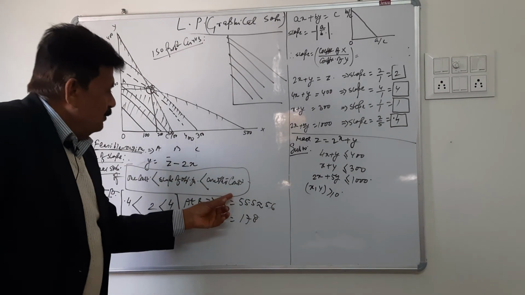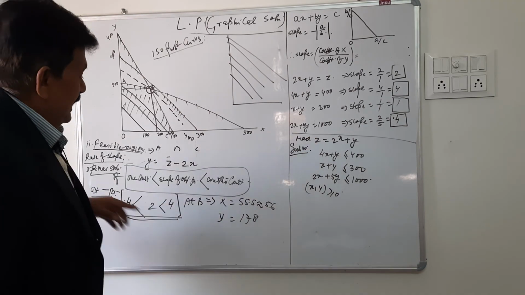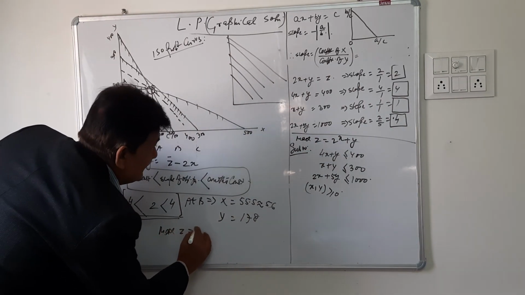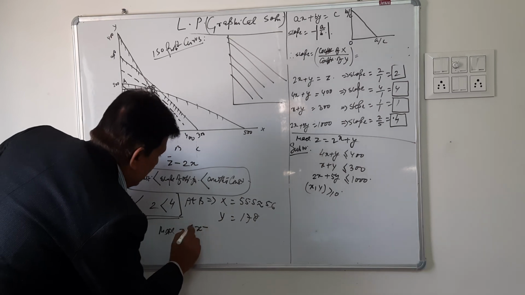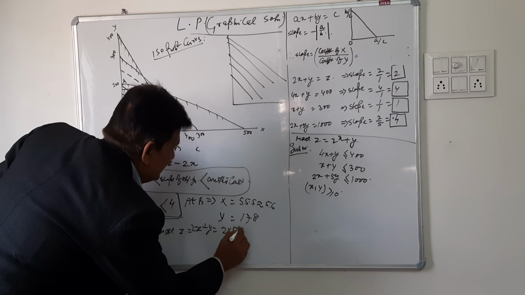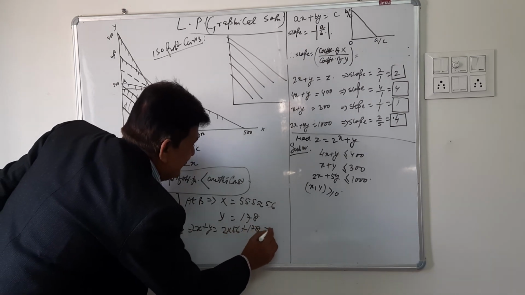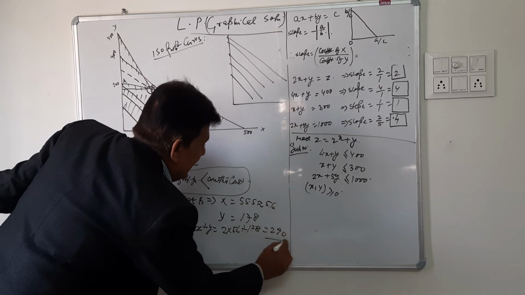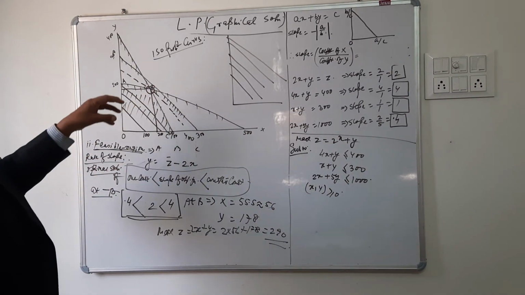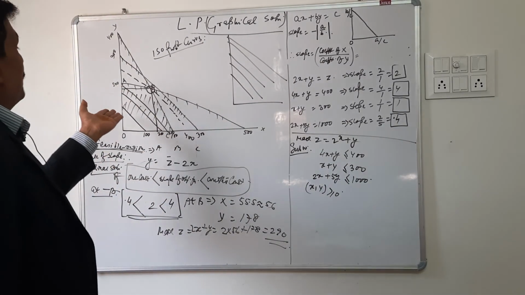And when these two values are put in the objective function, that is the profit function, the maximum profit is 2x plus y. So 2 into 56 plus 178, and this is 290. So this is how the firm maximizes profit, and this is the crude mechanism of linear programming where profit is maximized.